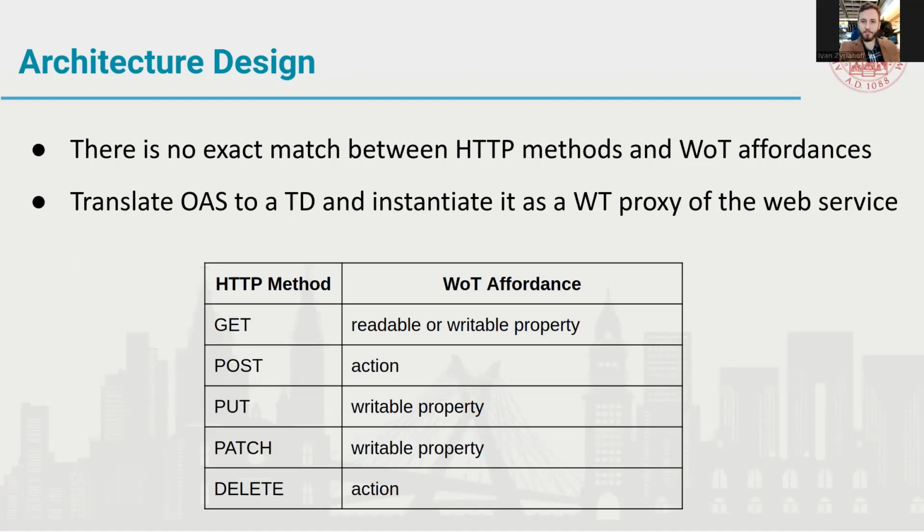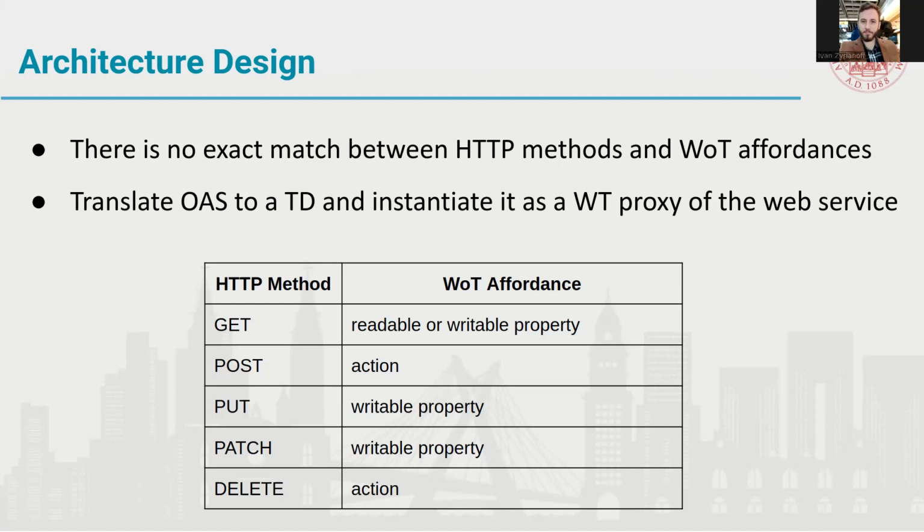So we have some issues on doing that. There is no exact match between HTTP methods and Web of Things affordances, but we have some similarities. So as you can see in that table, for endpoints that had the method GET, we translate to readable or writable properties.